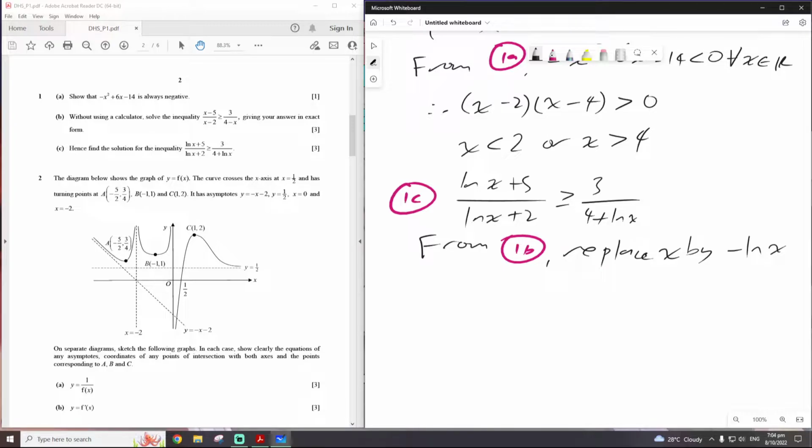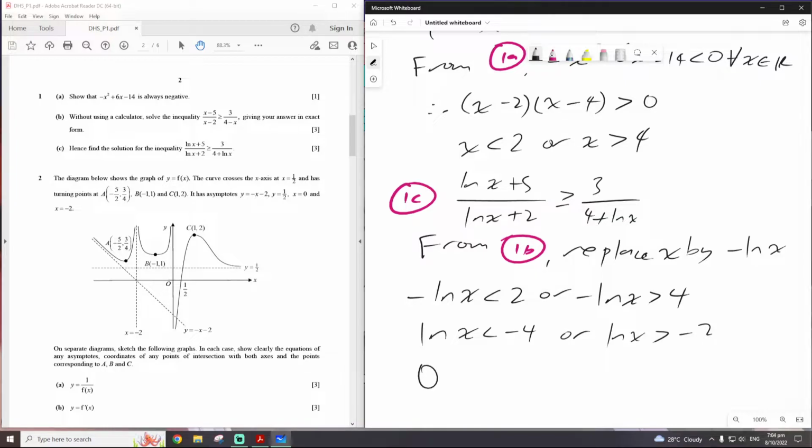So we have to solve minus ln x less than 2 or minus ln x is greater than 4. Okay, which you can change to ln x is less than negative 4 or ln x is greater than negative 2. Alright, so we can of course raise both sides to the power of e, but remember the input of a ln must be positive.